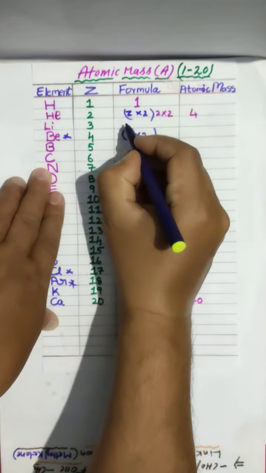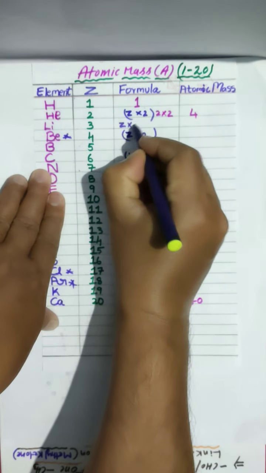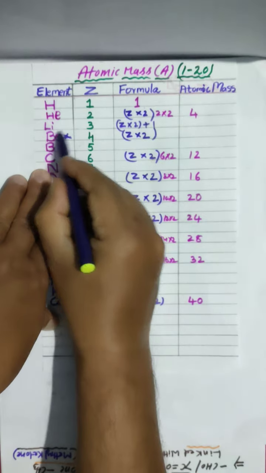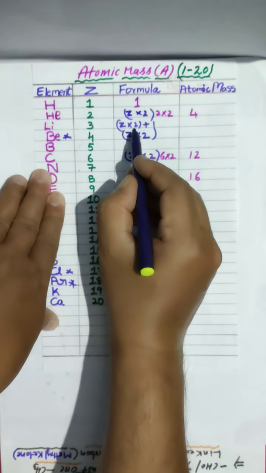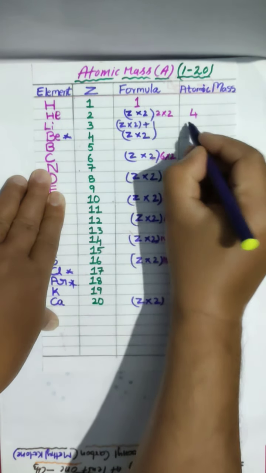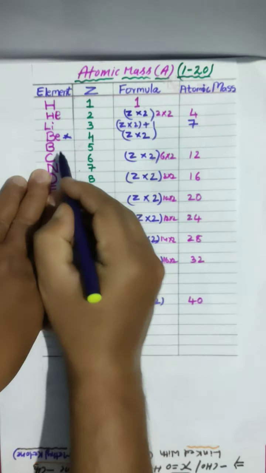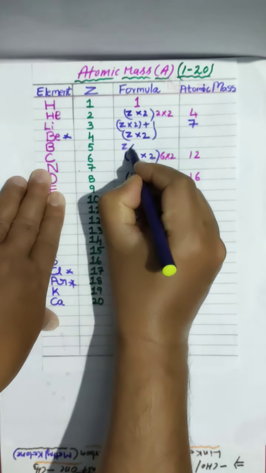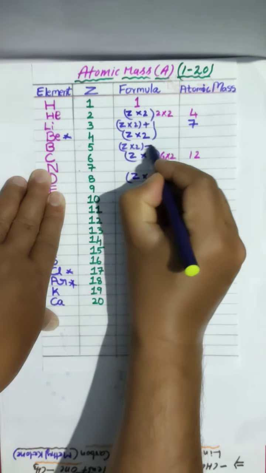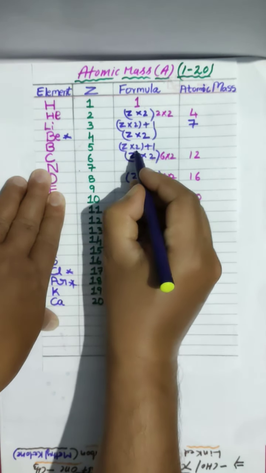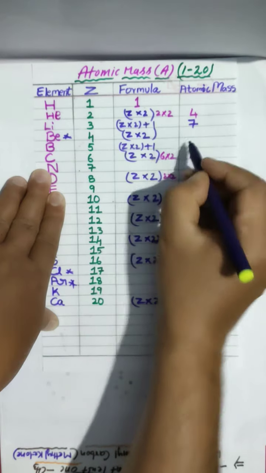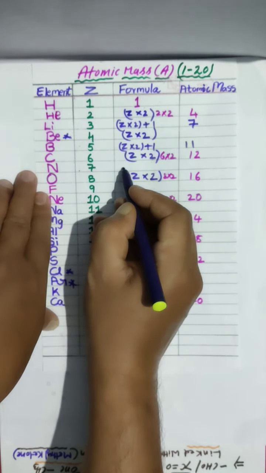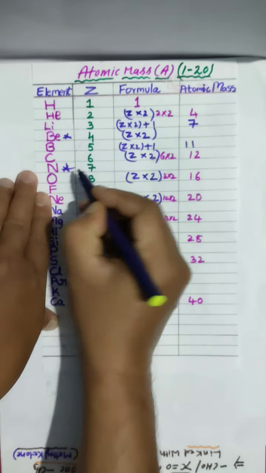Lithium, odd number, formula Z into 2 plus 1. Z is 3, 3 into 2, 6 plus 1, 7. Boron, Z into 2 plus 1, 5 into 2, 10, plus 1, 11. Clear? Nitrogen is an exception; later we'll discuss nitrogen and beryllium.